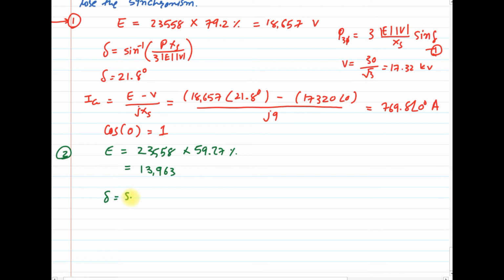So I will write now the values, which is sine inverse P 40 megawatt x 9 divided by 3 into, now E will be 13963 into the V, which is 1732.